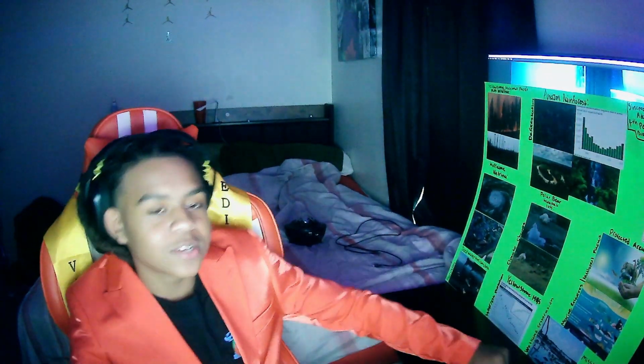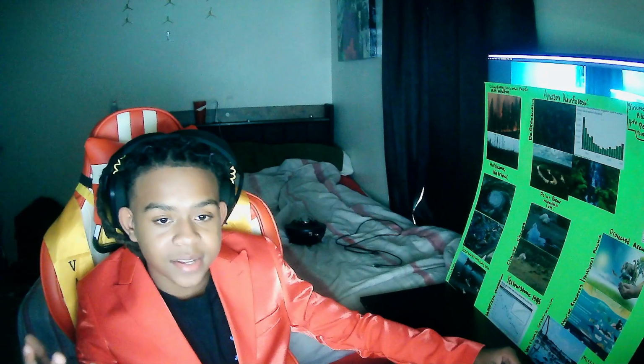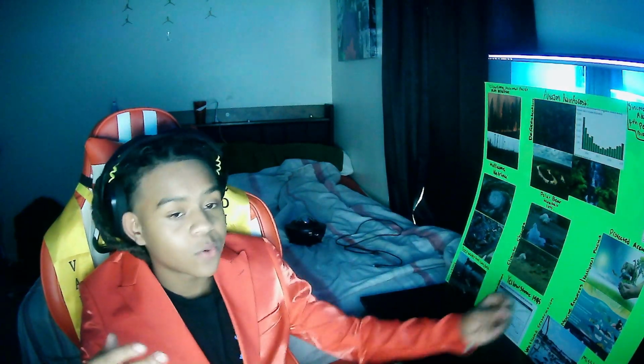Deforestation, I've already covered this pretty much, but deforestation can impact biodiversity heavily in the Amazon rainforest. Habitat loss, species can go extinct, and there's a decline in carbon absorption. The consequence of this would be a loss of keystone species, which would disrupt food webs.